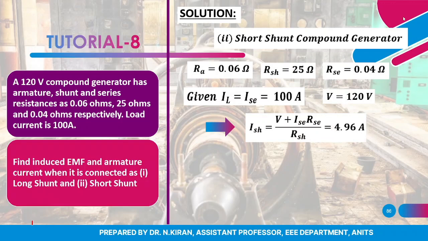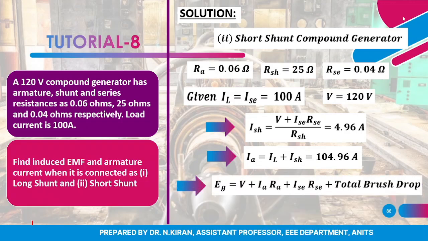Since it is short shunt compound, ISH is V plus ISC RSC by RSH. If I calculate, it will be around 4.96 amps, which will give rise to my armature current of 104.96. So we need to add the load current and shunt field current values.